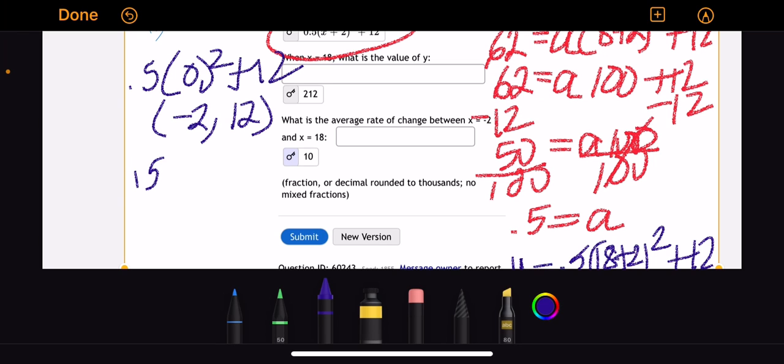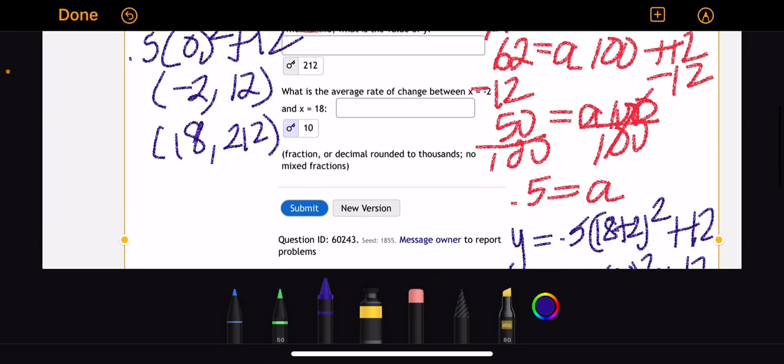And then now we're going to plug in 18. Well, we already have 18. We know what 18 is. It's 212. So we don't even have to do that. We can just say the other point is when x is 18, y is 212. And now we use a slope formula.